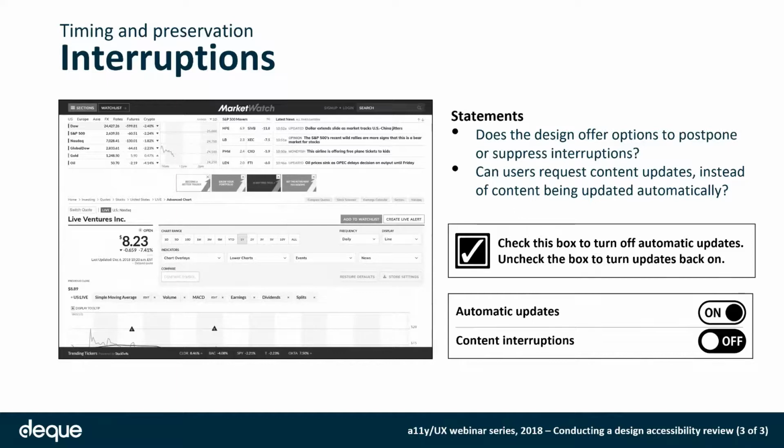Or you could have settings, just like we have on our phones or on our mobile devices, where you could toggle between on and off on things like automatic updates or content interruptions in general. And again, opt out of those things if you want to. And doing that provides someone who needs these particular considerations to get them, while the rest of the people who don't really care or are totally fine with the interruptions or the updates can still benefit from those things.